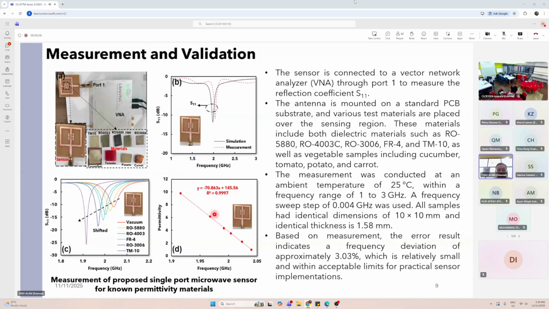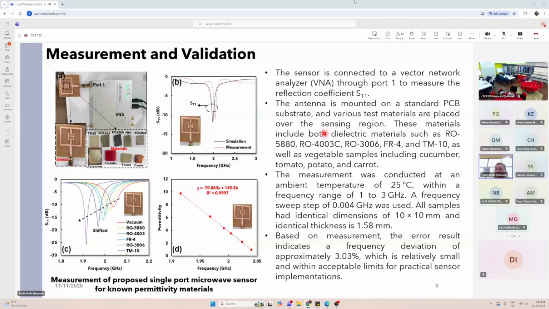After that, we can obtain the polynomial equation by a simple linear equation. So after we got the equation, we can predict the permittivity of cucumber, tomato, potato, and carrot. Okay, and the sensor is connected to the vector network analyzer through port 1 to measure the reflection coefficient.